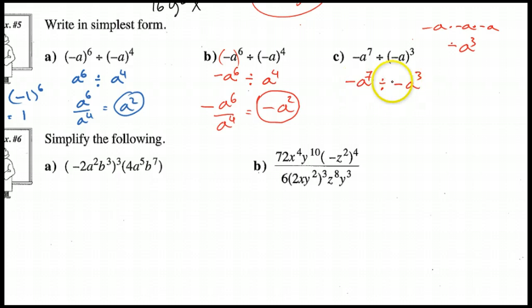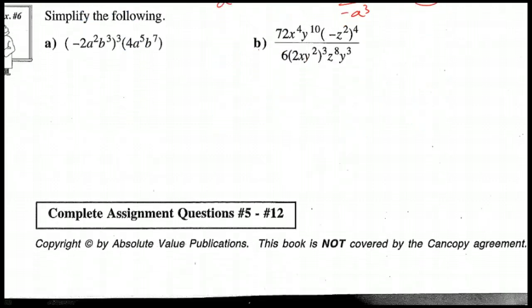Okay, let me rewrite this as negative a to the 7 divided by negative a to the 3. Well, look at that. I have a negative divided by a negative, so my negatives disappear, and I have 7 minus 3, which is 4. Okay, now we're getting into some really interesting ones here.